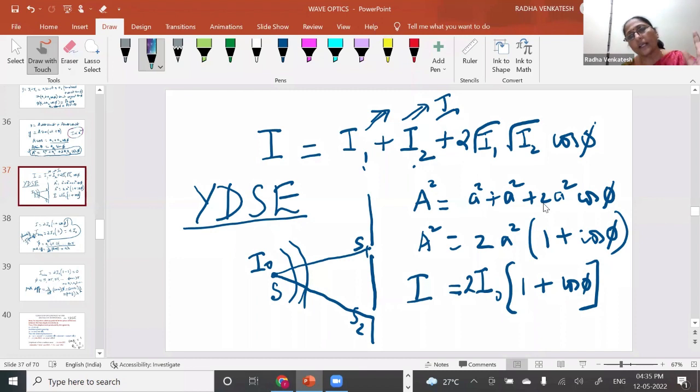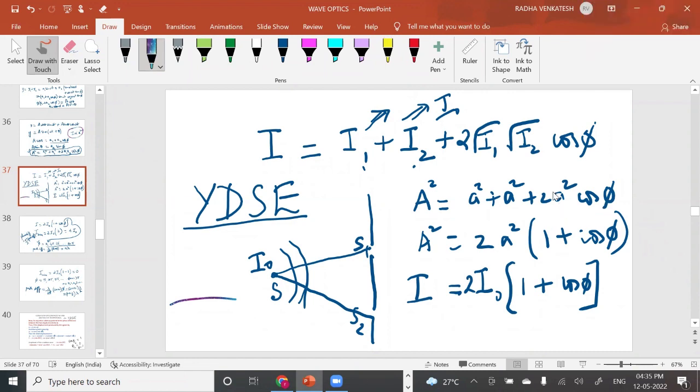Why? Because all the intensity will be the same as we are receiving it from the same source. So in terms of amplitude, a squared is equal to a squared plus a squared plus 2a squared cos phi. When I pull out 2a squared as a common term, it's going to be 1 plus cos phi.